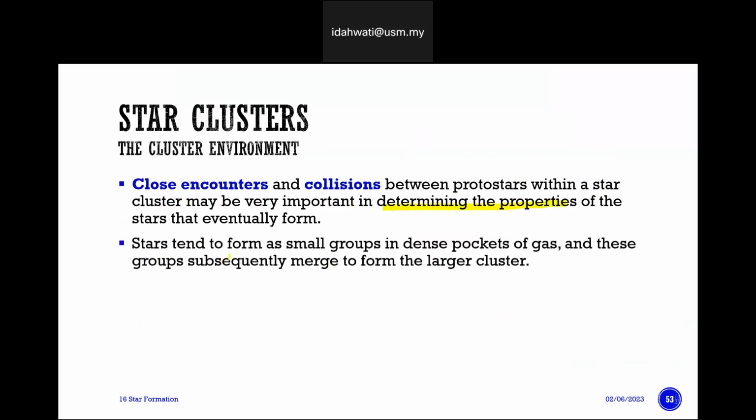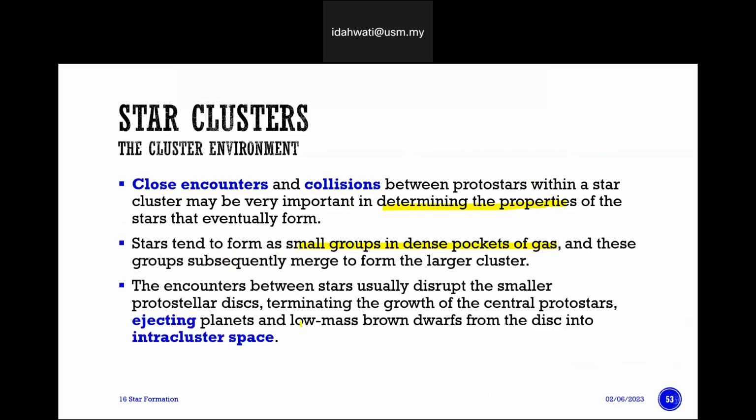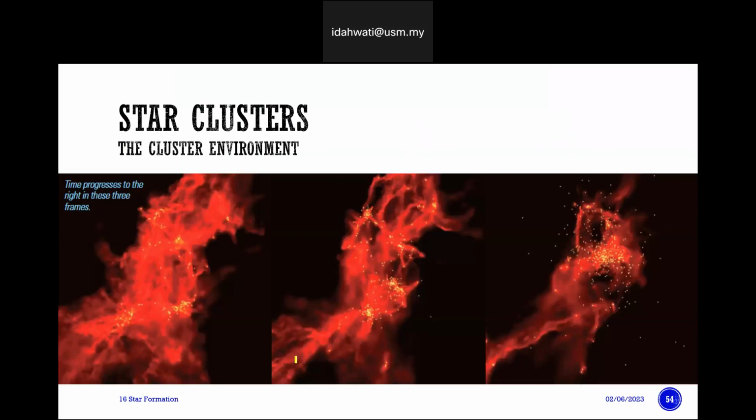Stars tend to form as small groups in dense pockets of gas, and this can disrupt the smaller protostellar disks, determining the growth of the central protostars, ejecting planets and low mass brown dwarfs from the disk into the intra-cluster space. This is the cluster environment.